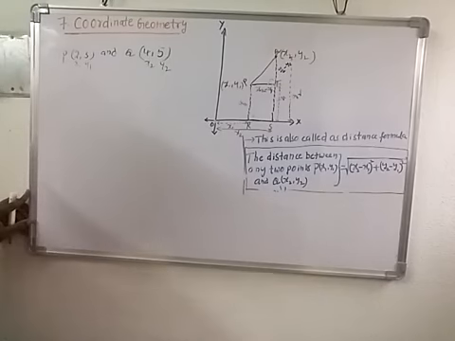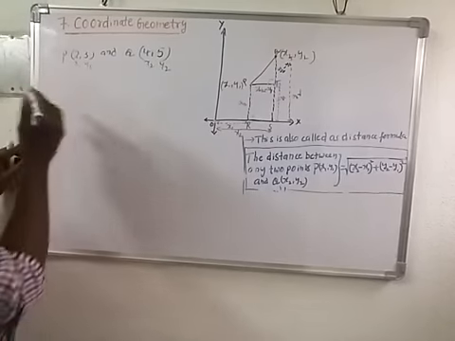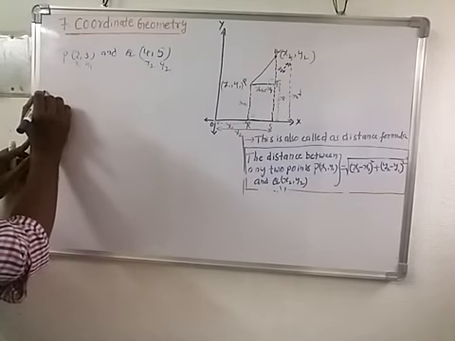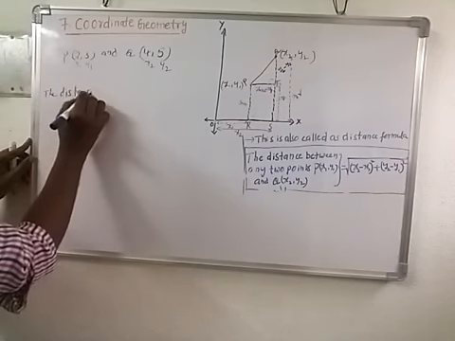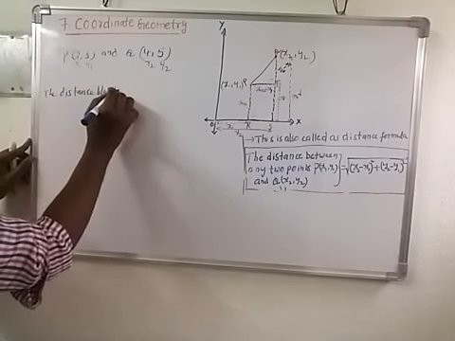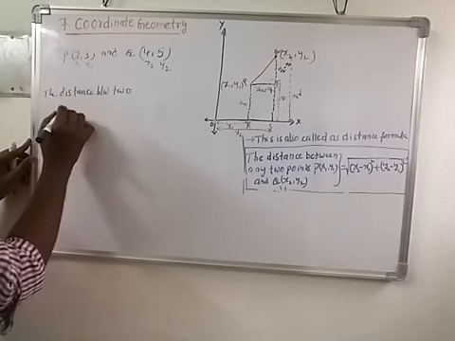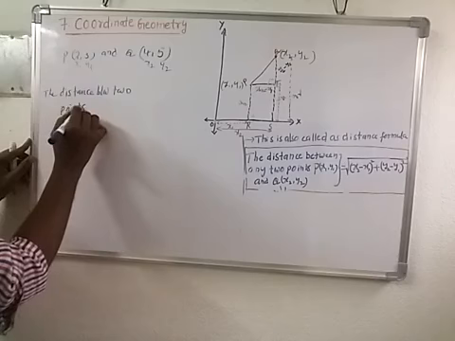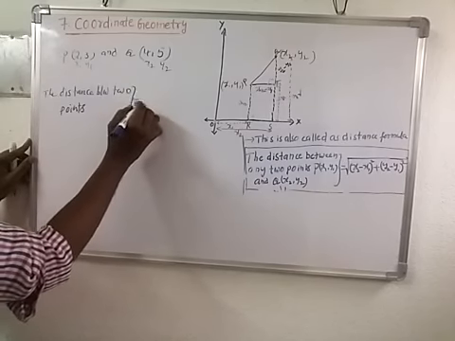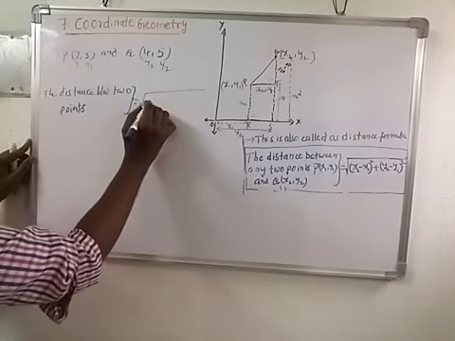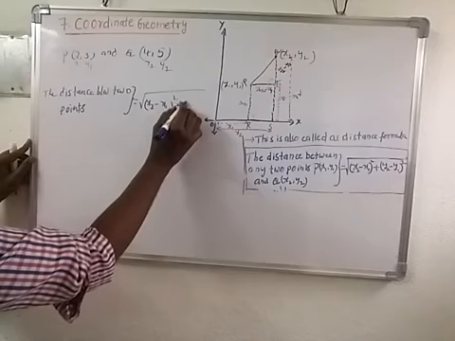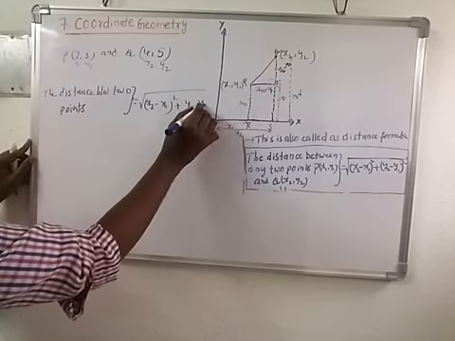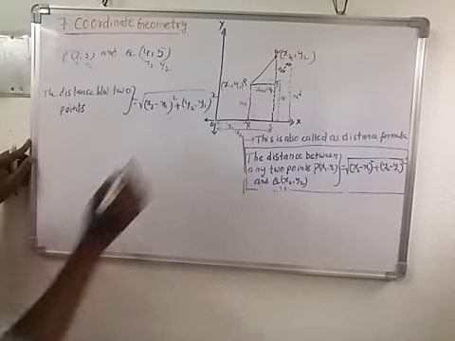This is the given. So what is the distance between the two points? The distance between two points is equal to the square root of x2 minus x1 whole square plus y2 minus y1 whole square.